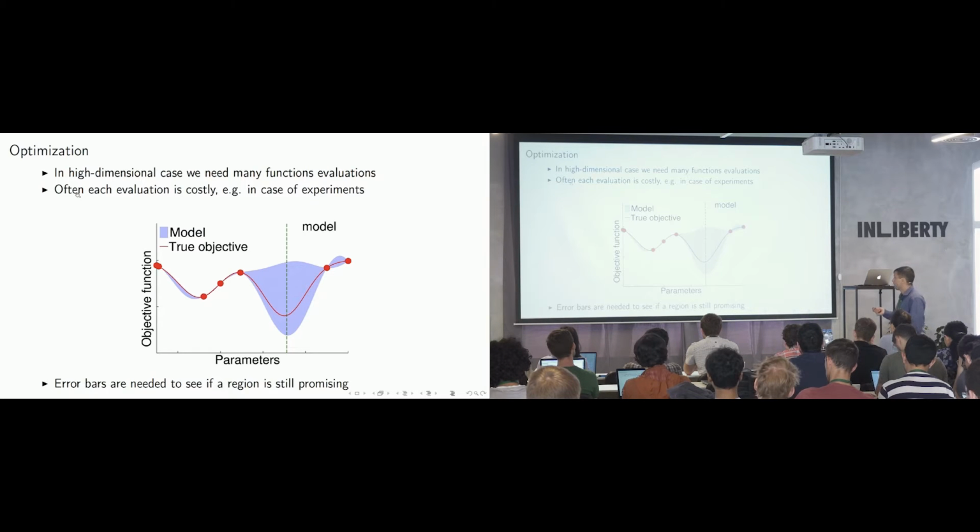Because of that, we need to sample in those regions to reduce uncertainty, and possibly we can find something interesting there. This is another example of why we need uncertainty estimates when we perform so-called Bayesian optimization.